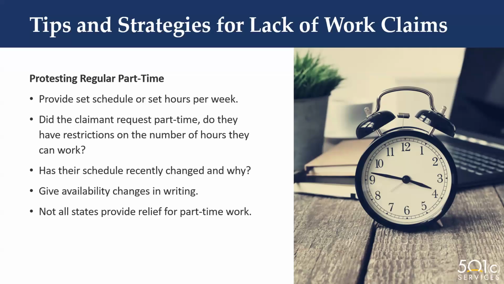Anytime an employee asks for an availability change or they ask you to update their schedule based on new availability, 100% get it in writing and absolutely put it in their file, okay? The employee has to be available and accepting all available work. They cannot be restricting their hours and then trying to collect partial unemployment.